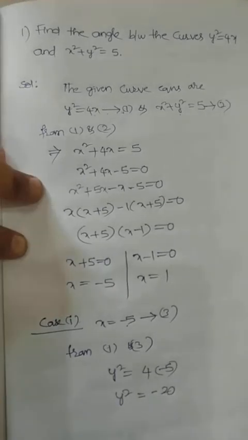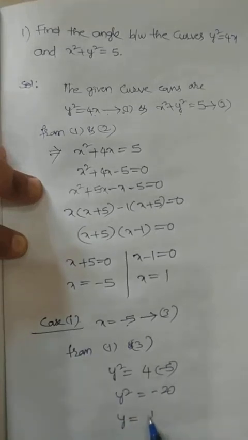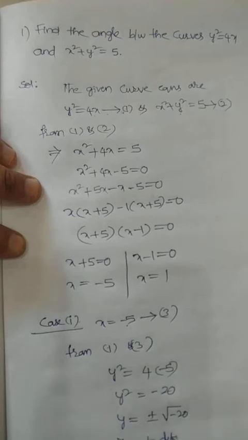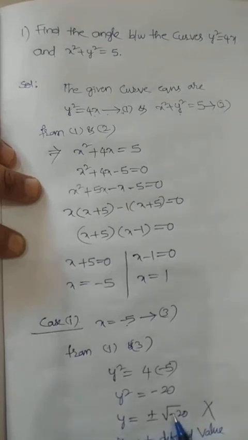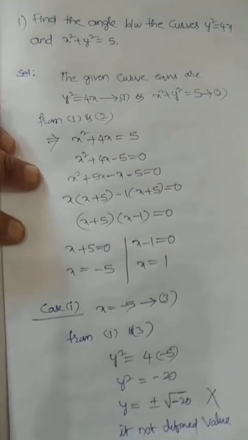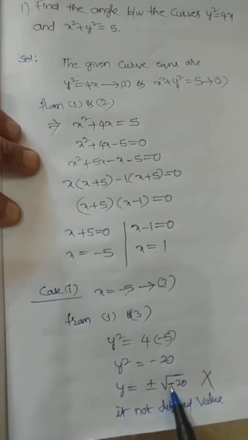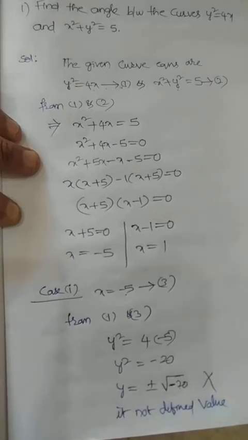So y is equal to plus or minus under root of minus 20. So it is not a defined value, so we don't take it. Under root of a negative value is not suitable for our function, since the value under the root is negative 20. So we are not taking this case.